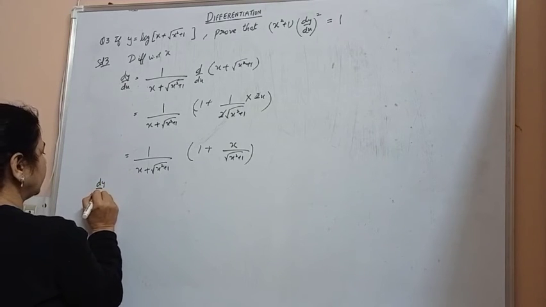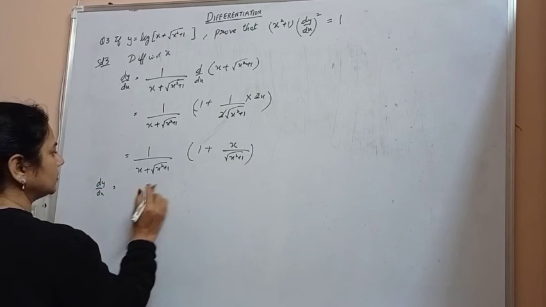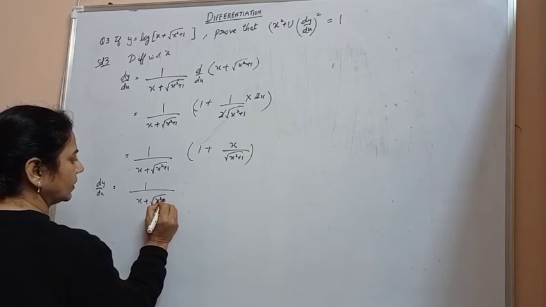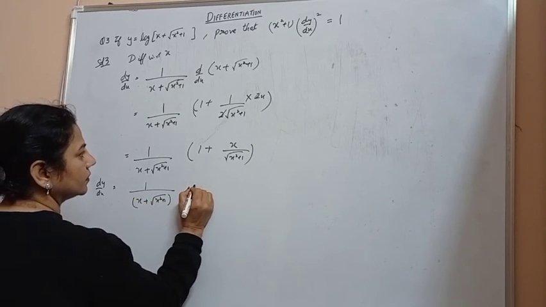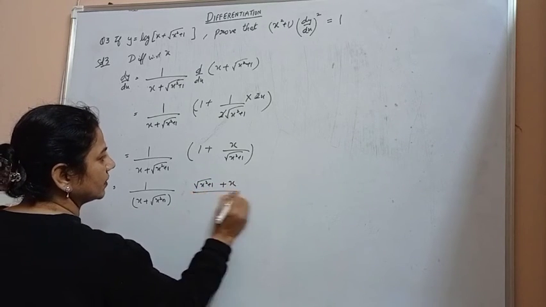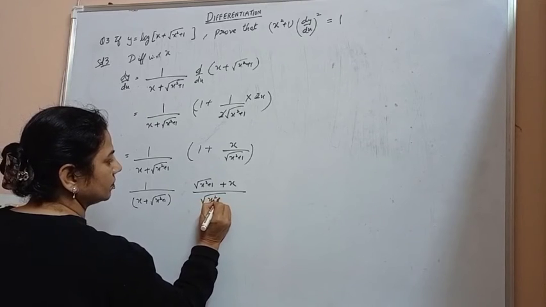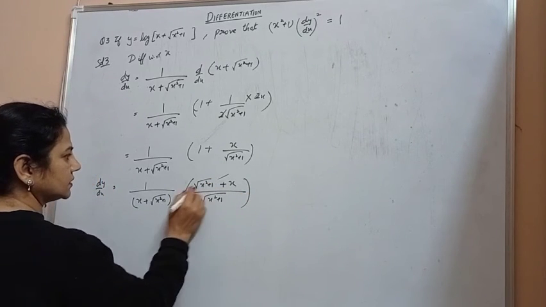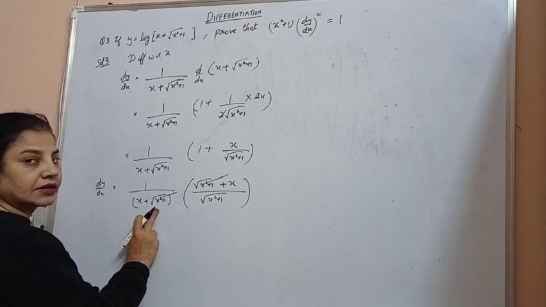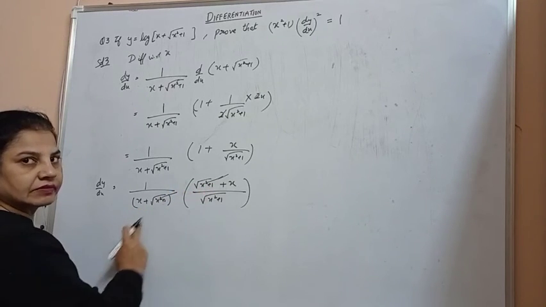Now dy by dx, take the LCM in this case. Under root x square plus 1 plus x upon under root x square plus 1. This numerator and this cancel out as being the same.